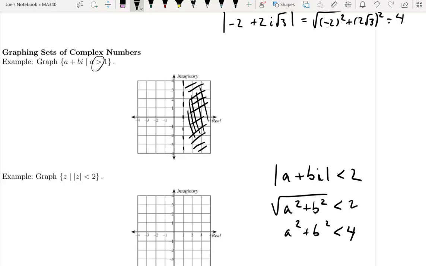We want a squared plus b squared to be less than 4. Again, a represents the x coordinate. The b represents the y coordinate. If this were an equal sign, what kind of shape would you have if you had x squared plus y squared equals 4?